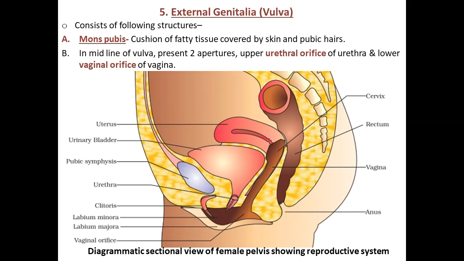Means the vagina's opening is in the region called external genitalia. Is it okay? So the female reproductive system is now in the center.